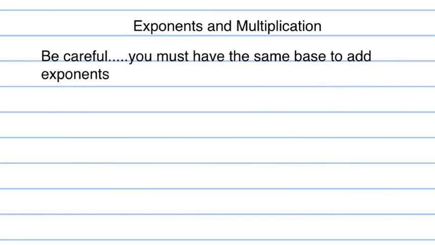Okay, just want to remind you that you need to be careful when you're doing these problems. In order to add the exponents, you're going to have the same base. And if you look at the example that I have, 4 squared times 2 cubed, you cannot add those exponents, you cannot multiply those numbers, you cannot get 8 to the 5th power.